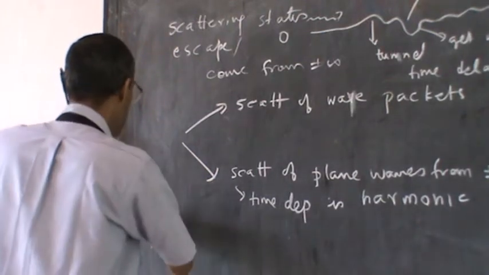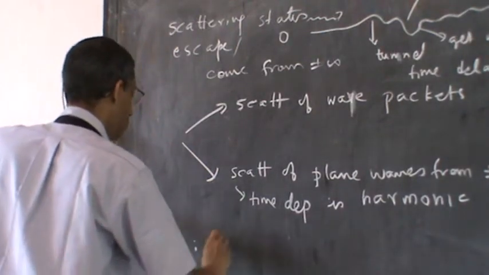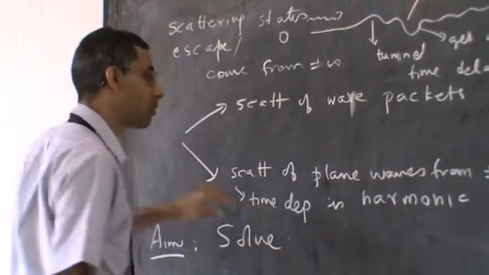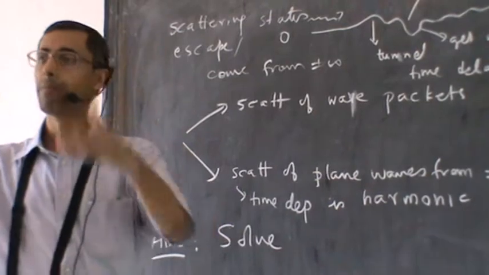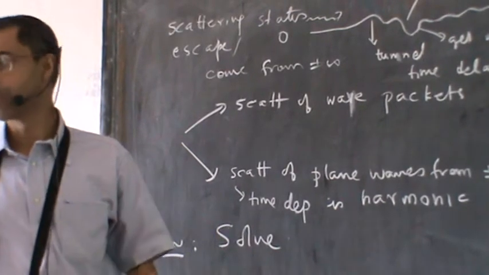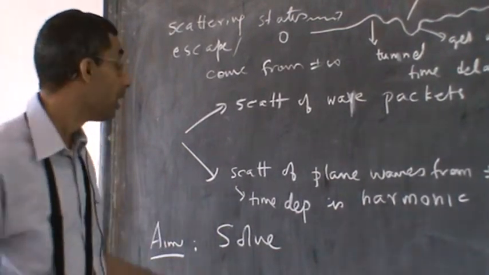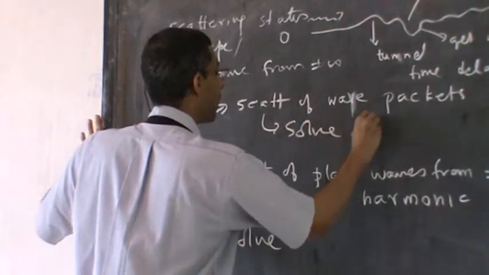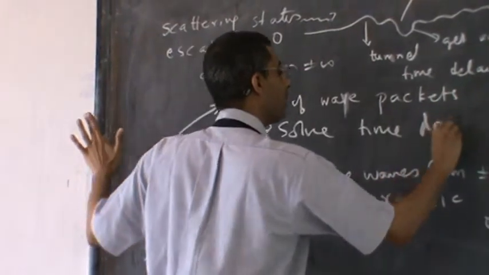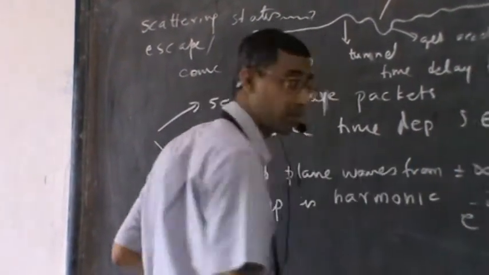So our aim is to solve. See, once we look at time dependence, which is simply harmonic, we have gone from the time dependent Schrodinger equation to the time independent Schrodinger equation. Okay, so if you want to do scattering of wave packets, you have to solve the time dependent Schrodinger equation.